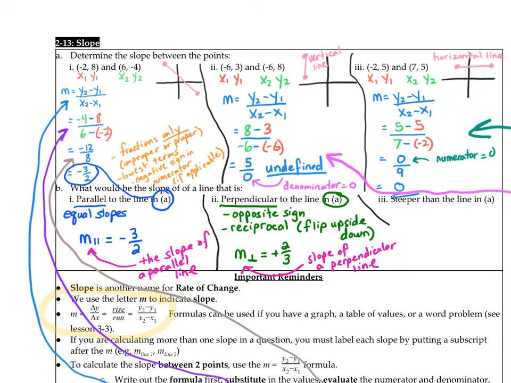All right, and the very last thing you need to know about slope is steepness. So again, we're referring to the slope in A, which is -3/2.